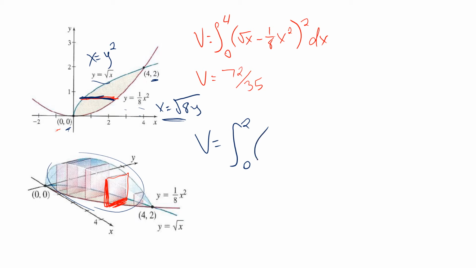So we'll have the square root of 8y minus y squared. That's this, but we have squares, so we have to square that, dy. And again, we could distribute and do it by hand, or you throw it into a calculator. When you do, if you do it by hand, you'll get the volume equals 144 over 35.